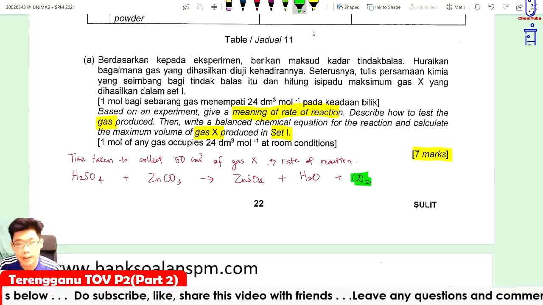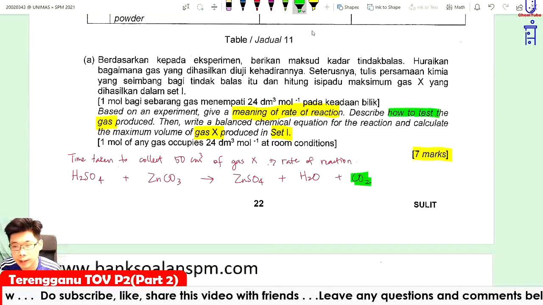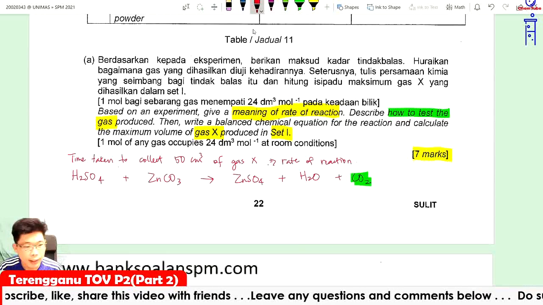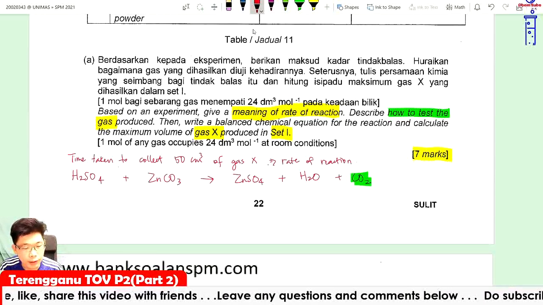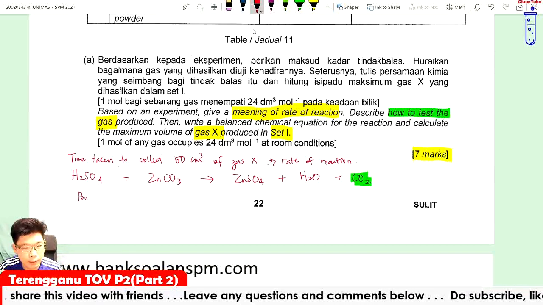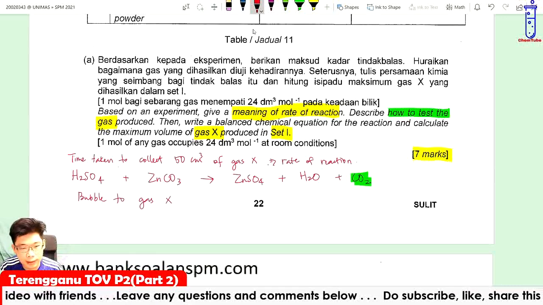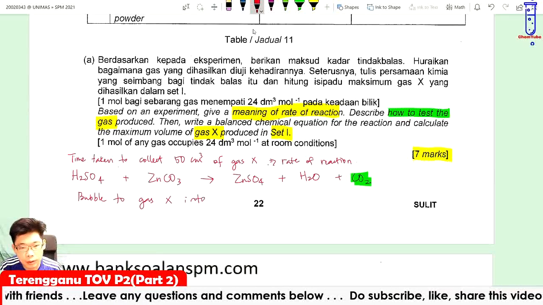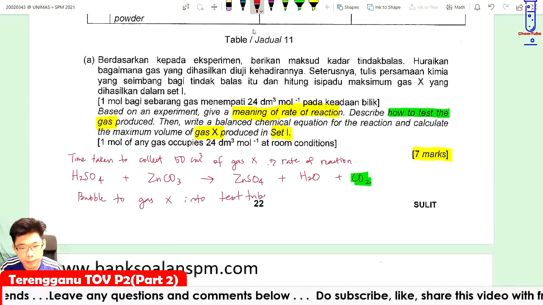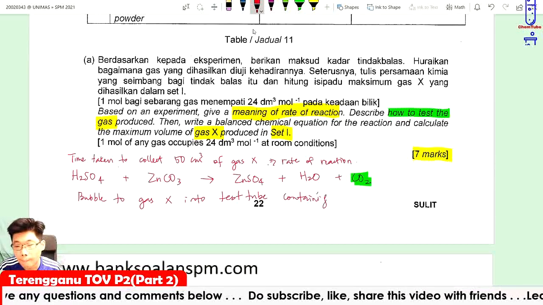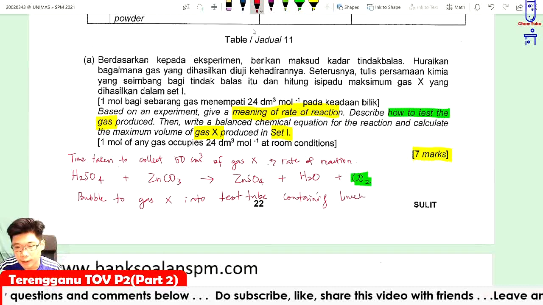So how to test the gas? For the carbon dioxide gas, bubble the gas X into a test tube containing lime water.